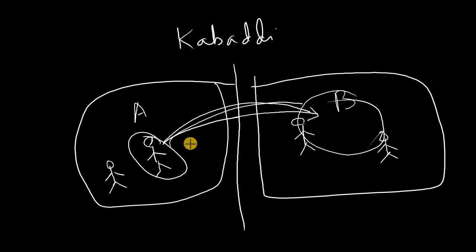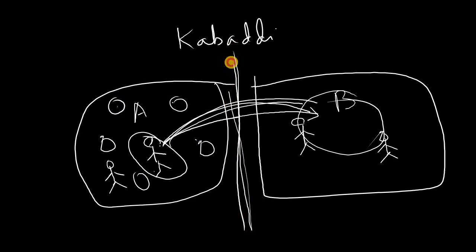What do I mean by behavior? All the players in this team A are his friends, right? But when this same player moves to this side after crossing this line, he becomes sort of an enemy of this team B, right?